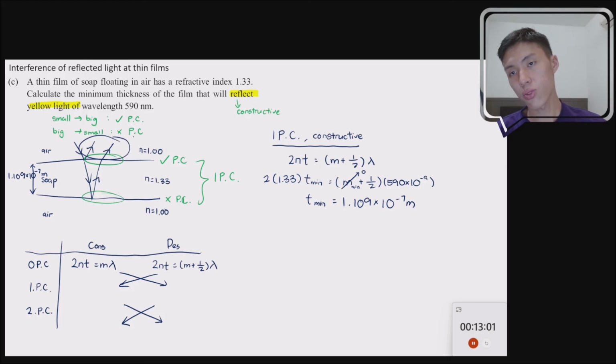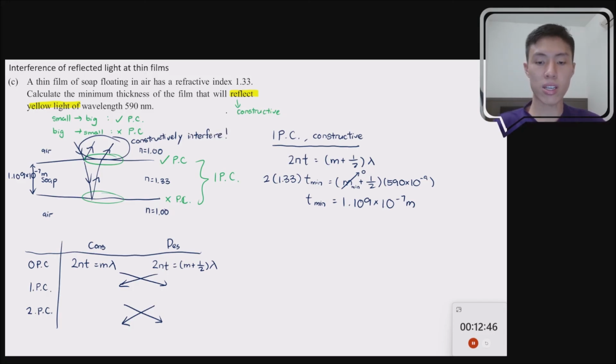But you see that these two yellow light here will constructively interfere, so you are able to see their reflection very clearly from top. So that's the idea. This is the minimum thickness. Of course, you can find other thickness which can have constructive interference as well by changing m from 0 to 1 to 2 to 3 and so on. Then you see different thickness that can allow you to reflect yellow light constructively. Okay, next.